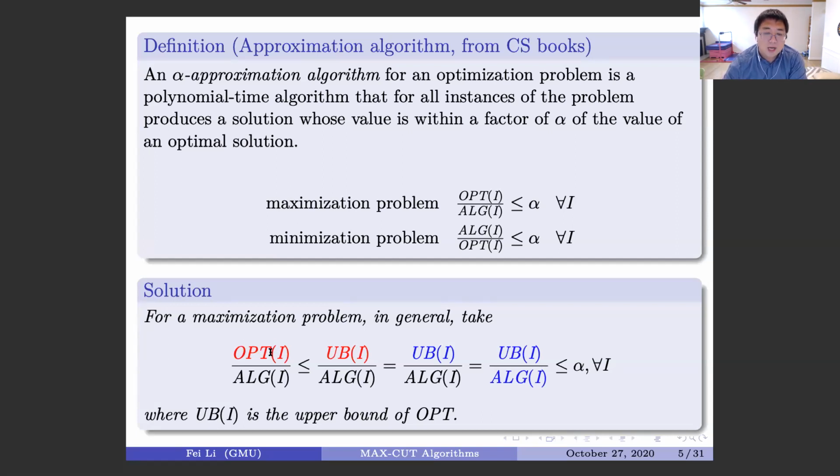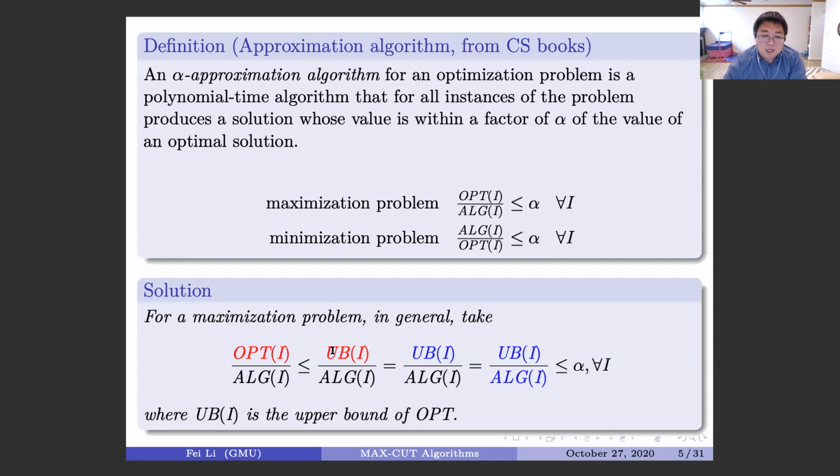So instead of trying to directly calculate the ratio, we find an upper bound of the optimal solution, such that the ratio between the optimal solution and our algorithm is bounded by the upper bound and our algorithm.